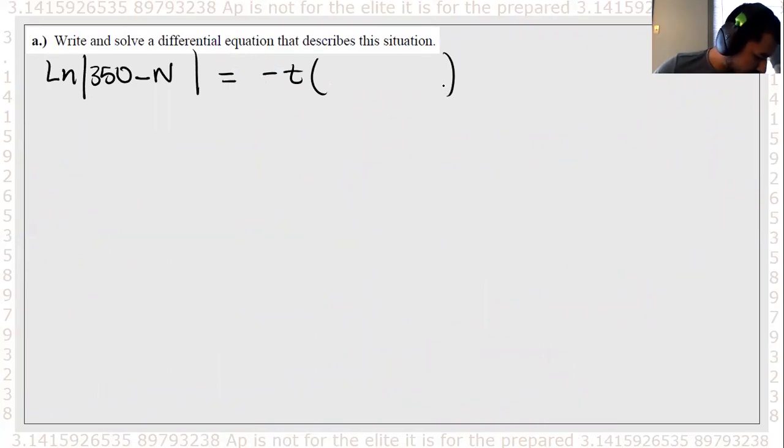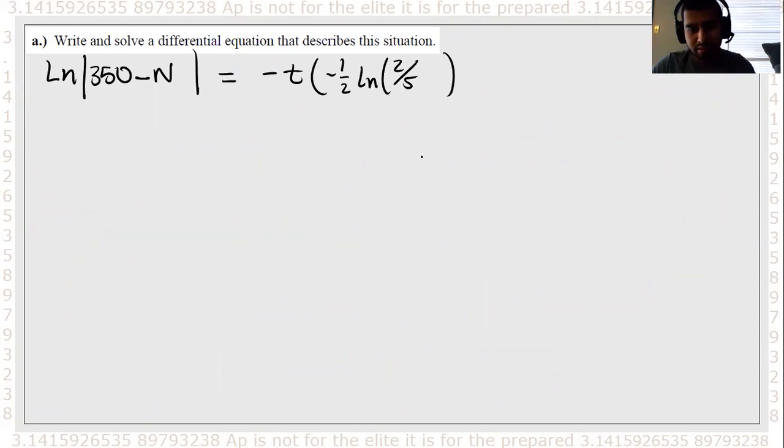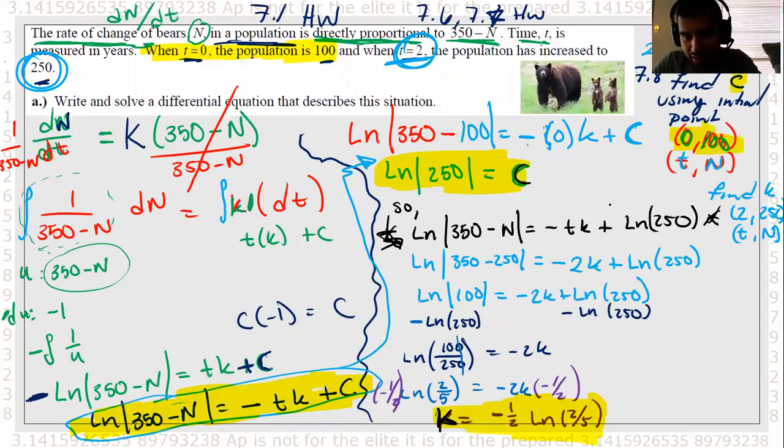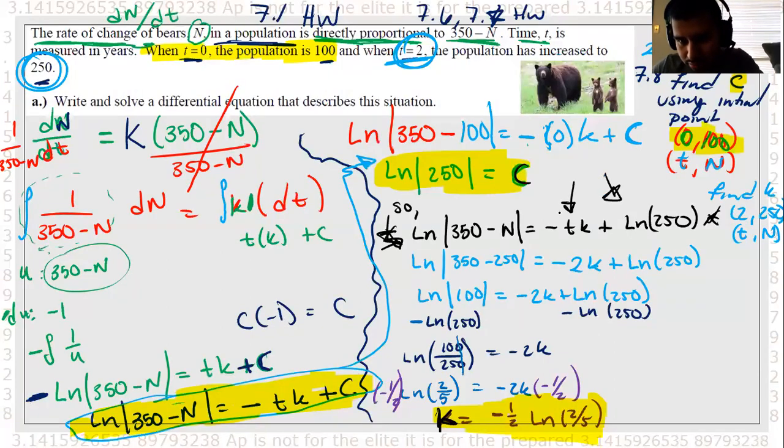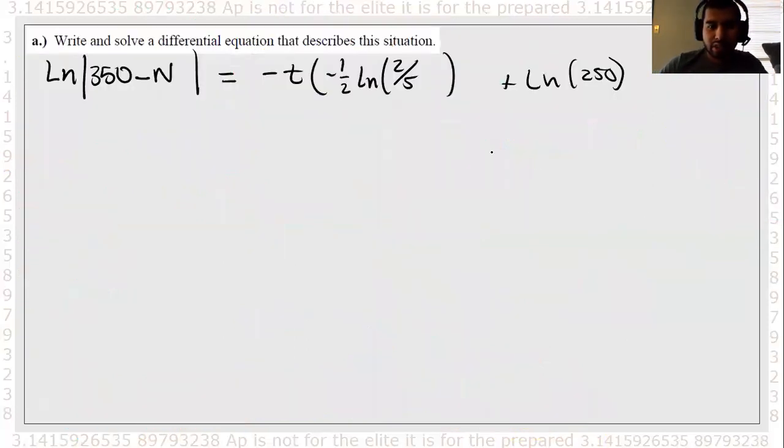We just said it was what? Negative 1/2 ln 2/5. Someone help me out. Is that what it was? And then ln 250 got added, plus ln 250. Does that match what I just wrote over here? Negative k. Okay, cool. Sorry, guys. I just had to rewrite it.